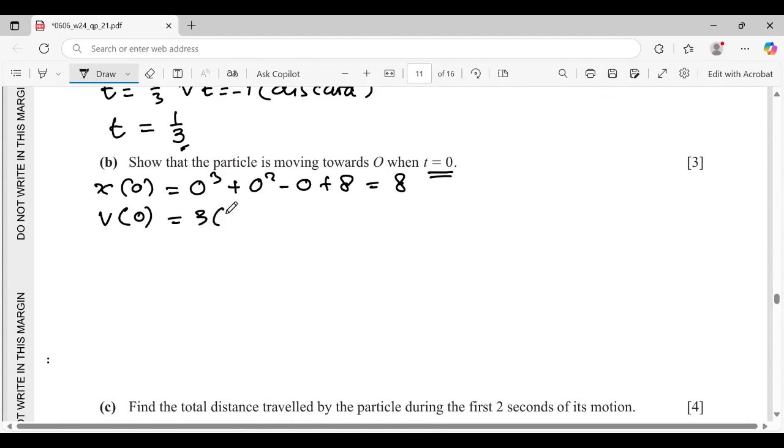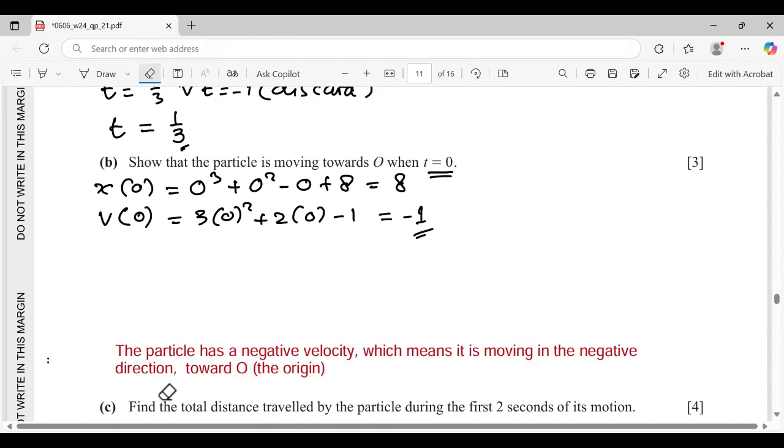So it becomes 3 times 0 squared minus 2 times 0 minus 1, equals minus 1. Look, this result, velocity equals minus 1. It means the particle has negative velocity, which means it is moving in the negative direction. In the negative direction, it means the object is moving towards the origin. So I provided my answer about this.